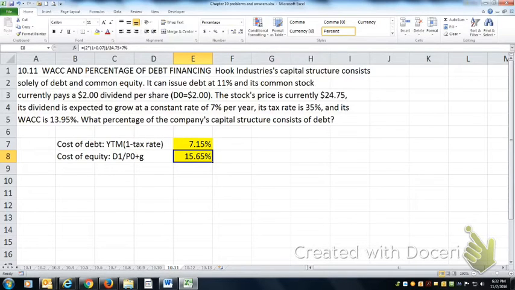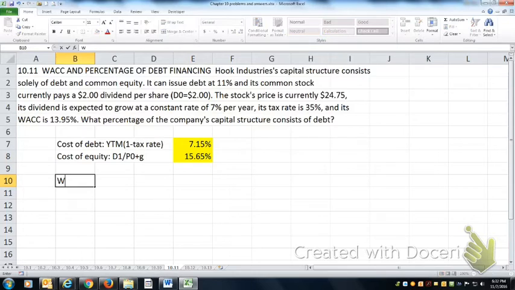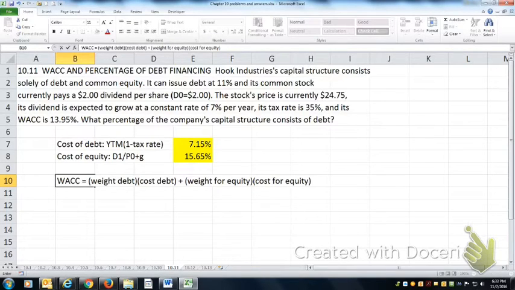And I'm told that the weighted average cost of capital for this whole mess is 13.95%. So the weighted average cost of capital is equal to the weight for debt times the cost for debt plus the weight for equity times the cost for equity.